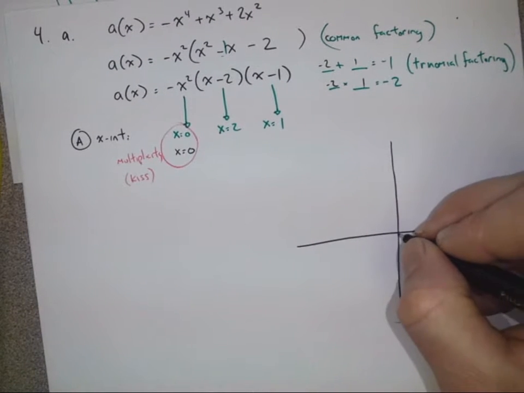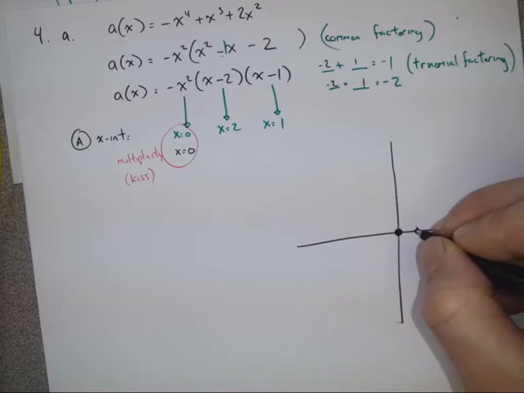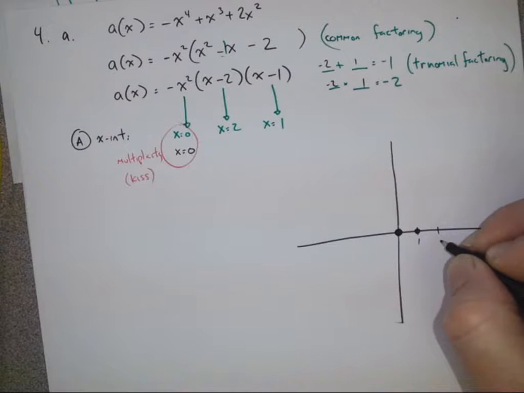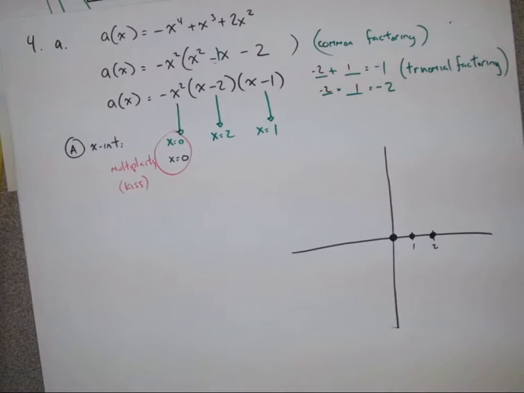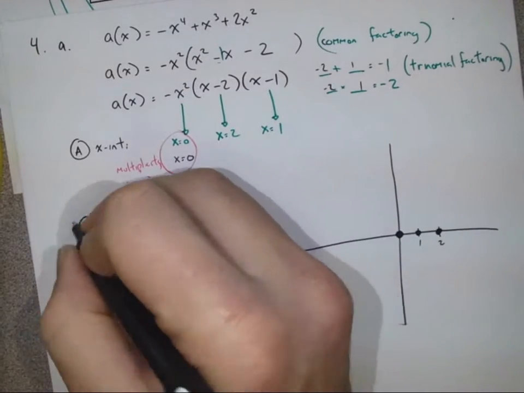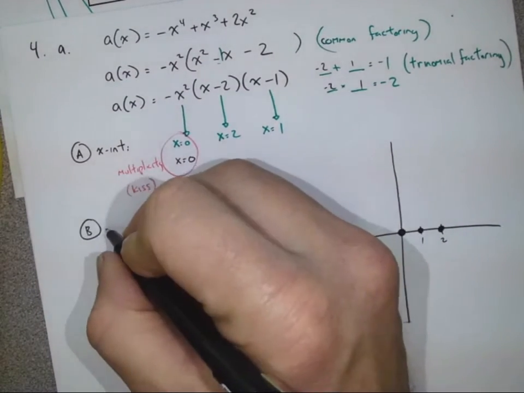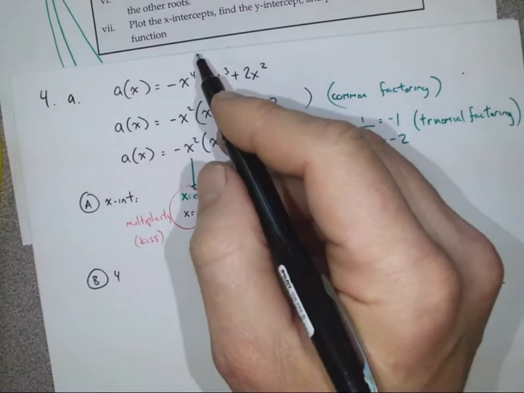Okay, so that means I've got a root here at 0. I've got a root here at 1. And I've got a root here at 2. It's going to be kind of bunched up, it looks like. My leading coefficient is, oh no, sorry, this is a 4th degree polynomial. It's power of 4 here.